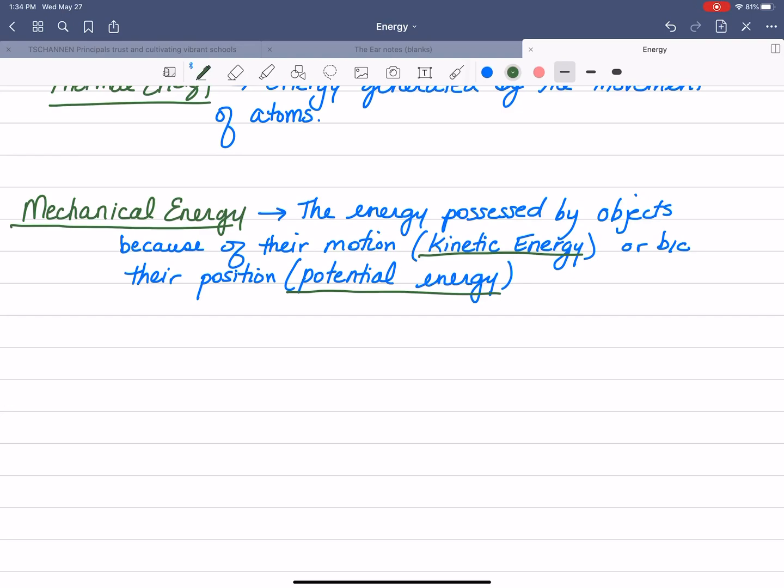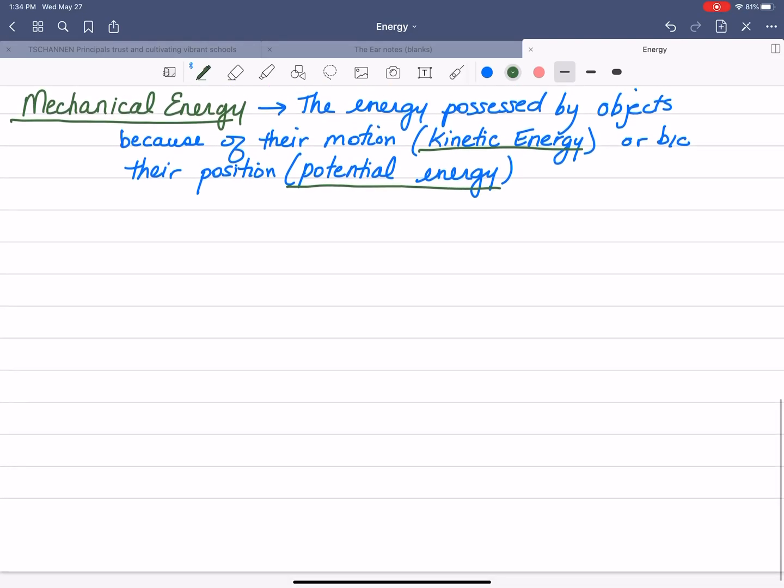When you hold an object high up above the ground, it gains gravitational potential energy because of its position. If I have an object that can stretch like an elastic, I can talk about elastic potential energy, for example. Or if I'm looking at bonds between atoms, I can say that we have chemical potential energy.